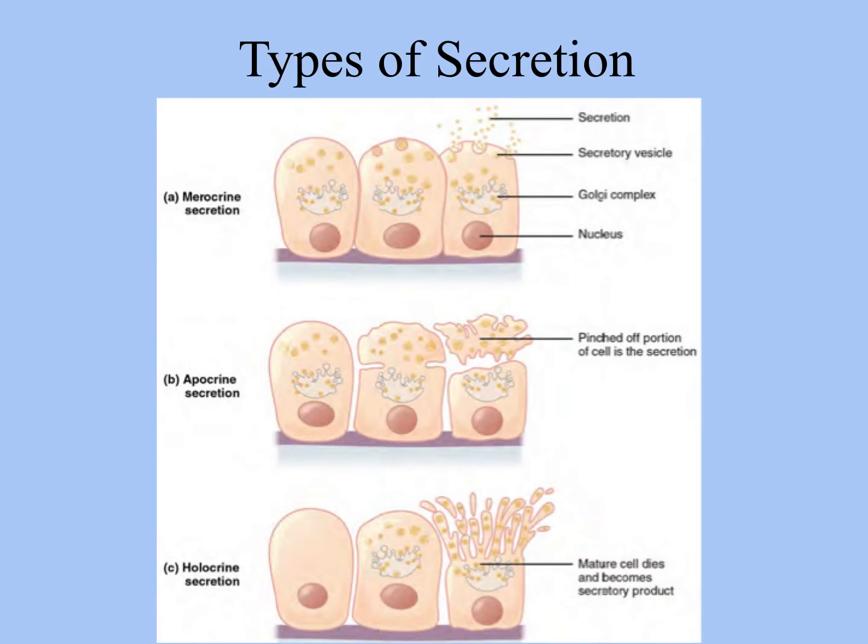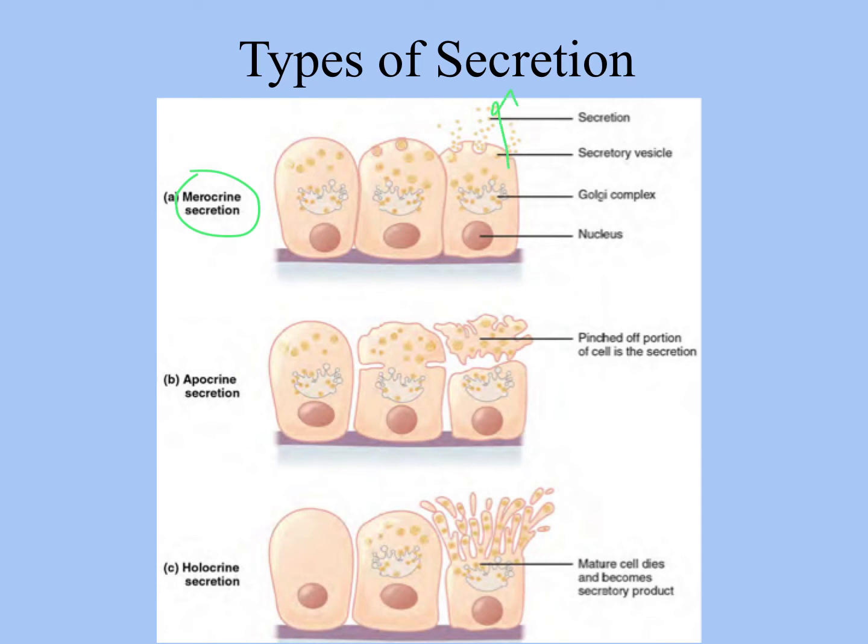Now, other than shape of the gland, glands can also be classified according to what they secrete, not the specific things they secrete like milk or oil, but what it is that makes up that milk or oil. So the first type is merocrine secretion, where the glands will secrete strictly a fluid substance.